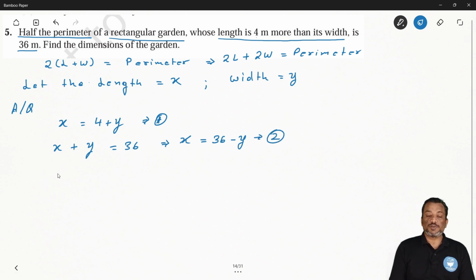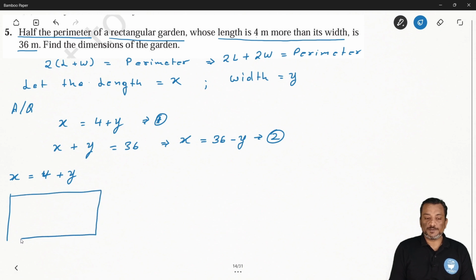Now for both equations we will find their solution sets. First we take x is equal to 4 plus y. There are two solution sets here. First we take x, second we take y.